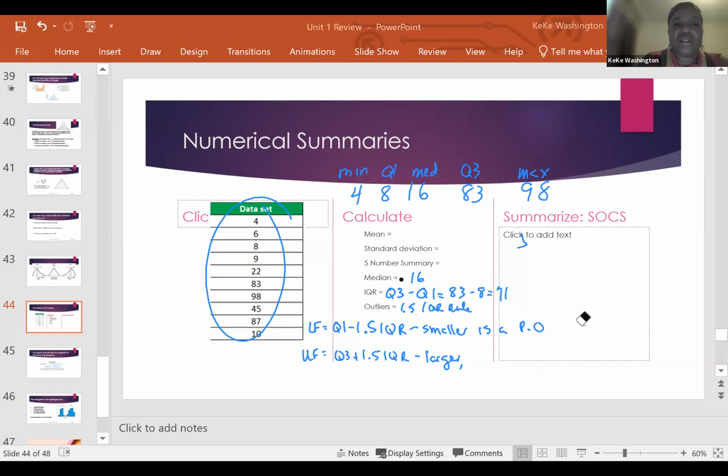Okay, so let's do those calculations. My Q1 is 8. 8 minus 1.5 times the IQR, which we calculated right here. When you do that calculation, any number smaller than this number is a possible outlier.